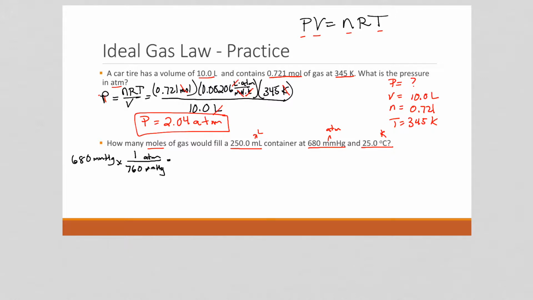This equals 0.895 atm. Millimeters of mercury cancel. So my pressure here equals 0.895 atm.